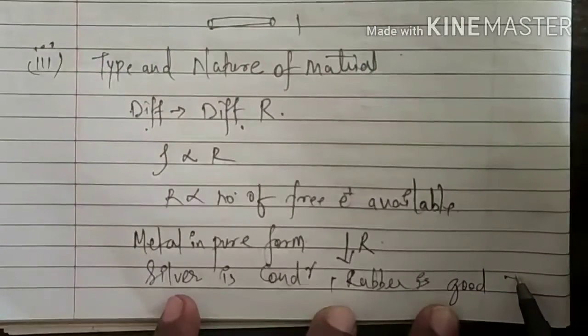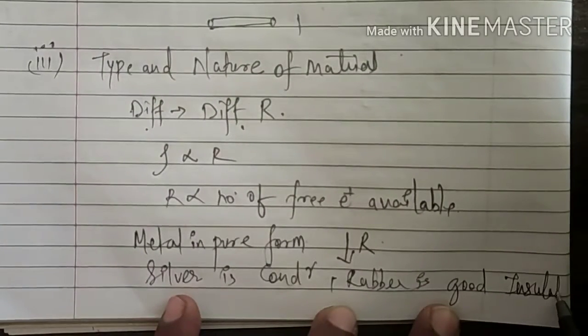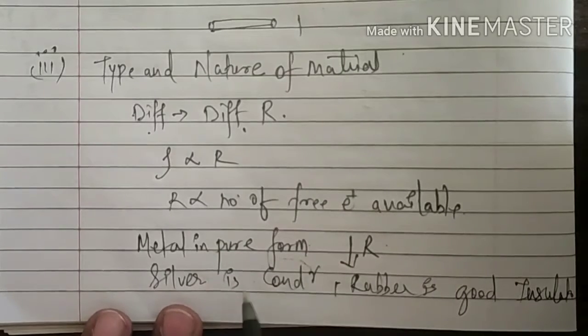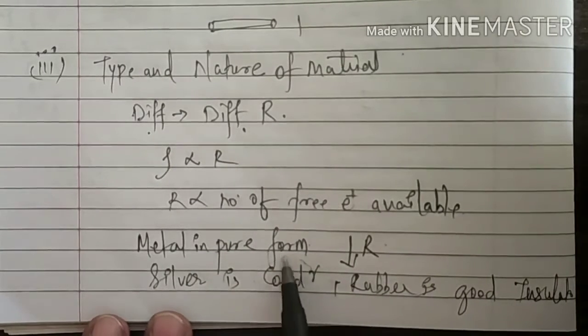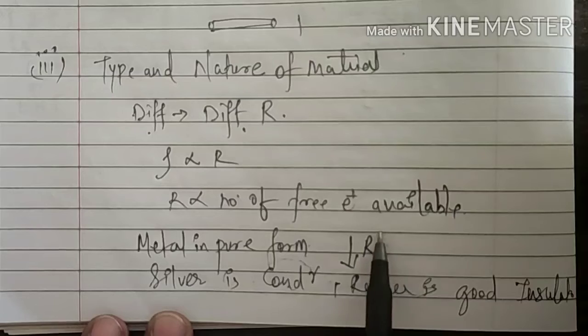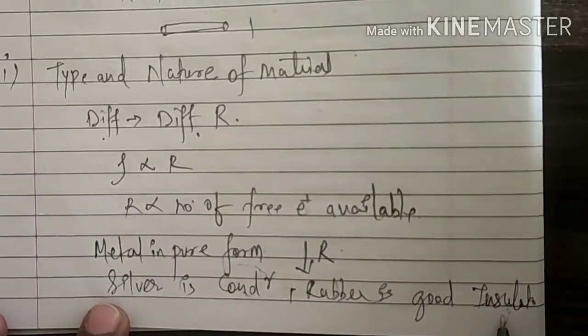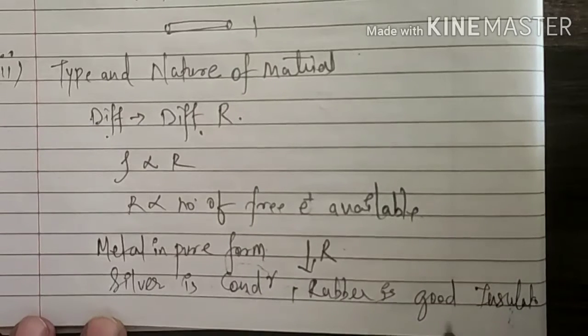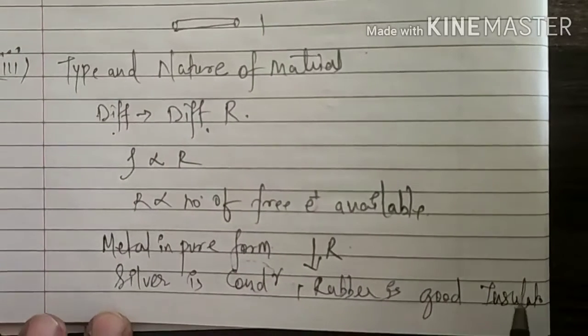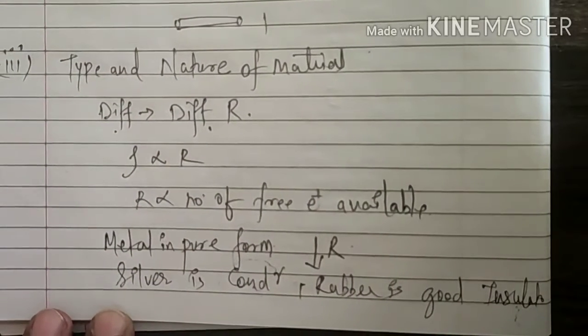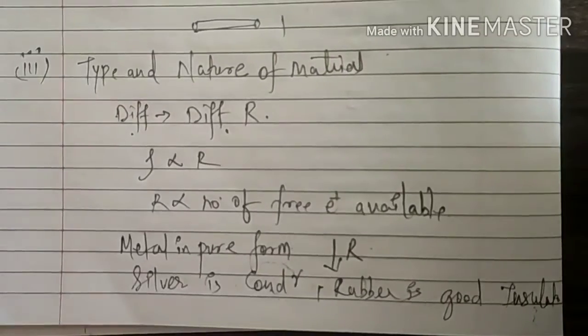A conductor allows the flow of electrons easily because its resistance value is less. But in the case of insulators, the resistance value is much higher, so they do not allow the current or the electrons to flow.